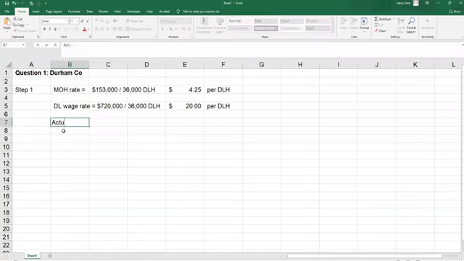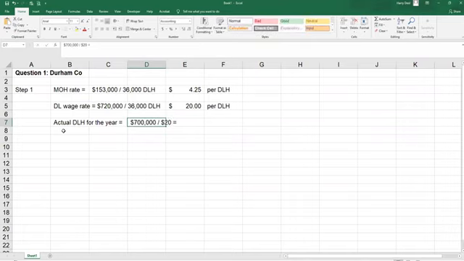So actual direct labor hours for the year worked out to 700,000 in total, divided by $20 an hour. 700,000 divided by $20, we get 35,000 actual direct labor hours.